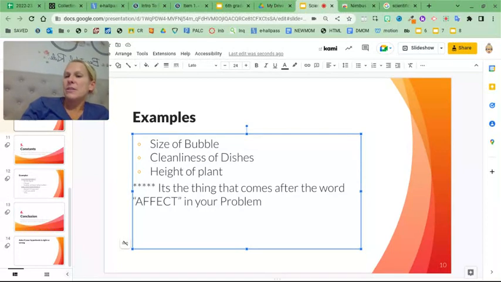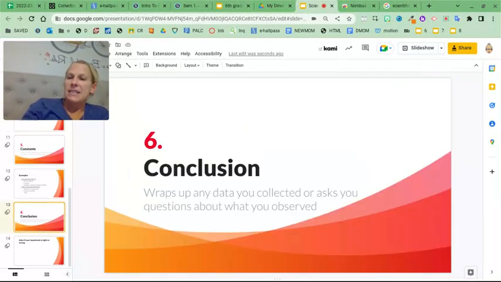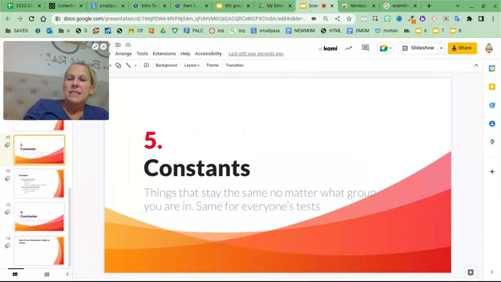One final part. If we're testing the independent variable, we want to see, does the amount of gum matter? Is it the amount of gum? Well, then I have to keep everything else in my experiment the same so that I'm guaranteed that the only thing that is changing and that I'm manipulating is that amount of gum.